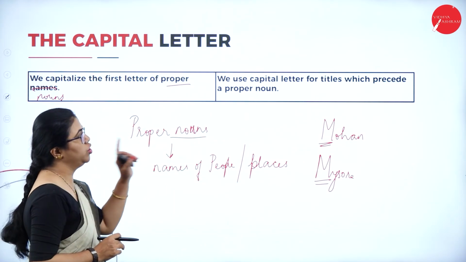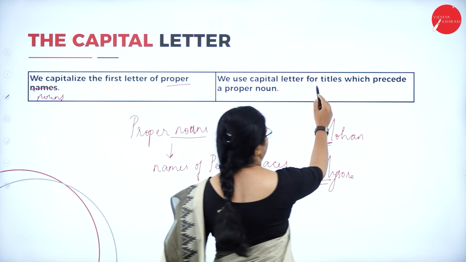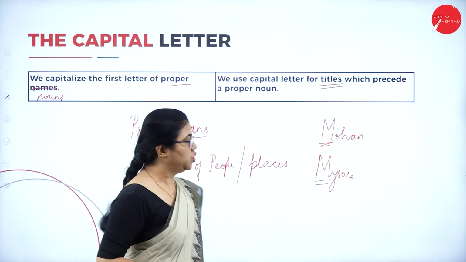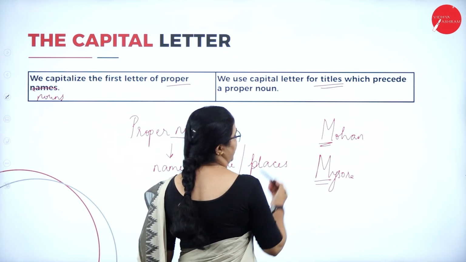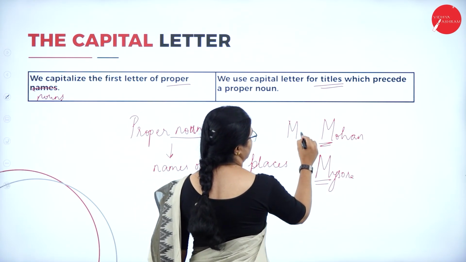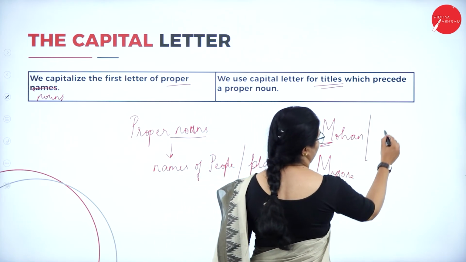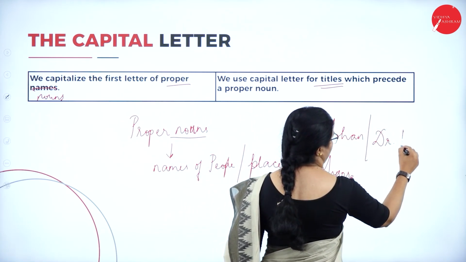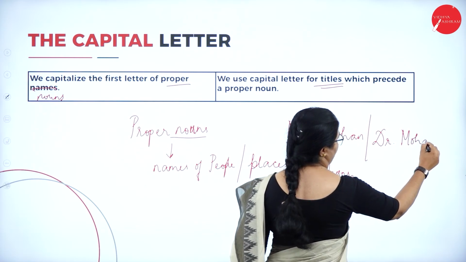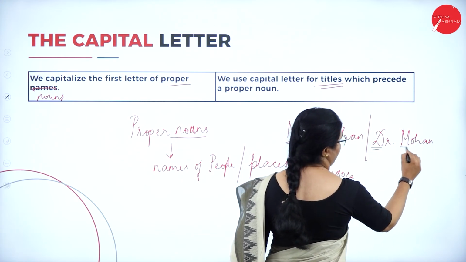Then we also use a capital letter for titles. What are titles? Suppose you are writing a title for Mohan, it can be Mr. Mohan. Here you are capitalizing. Suppose he is a doctor, you write Dr. Mohan, again D capital, M capital.